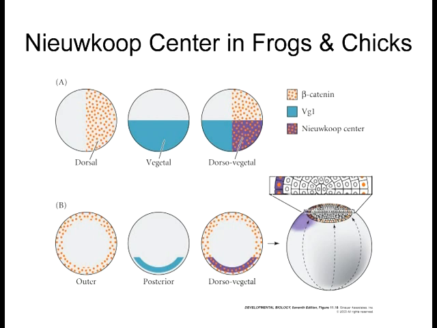Well, let's look at the chicken embryo. Instead of having beta-catenin to one side or the other, beta-catenin is just around the periphery of these epiblast cells that are forming. Here, in the most posterior end, you get crossover between beta-catenin and veg-T and veg-1. That forms the nucleus center.